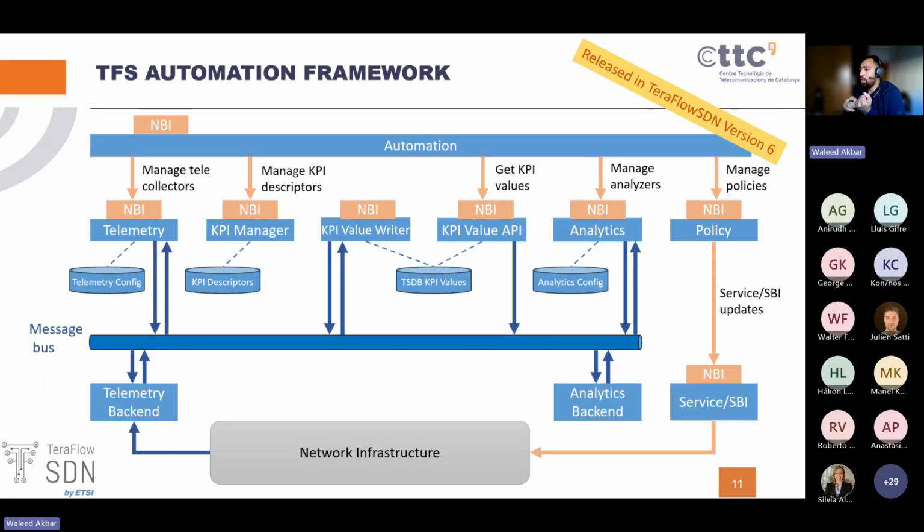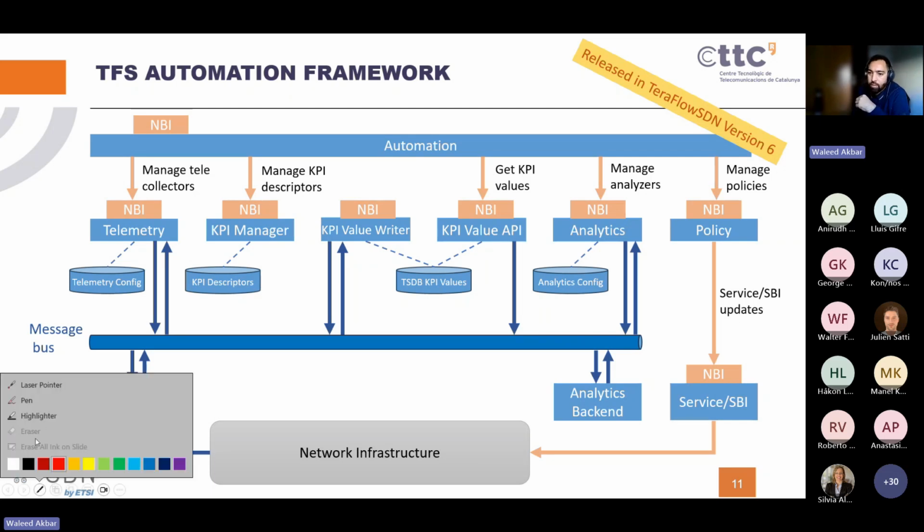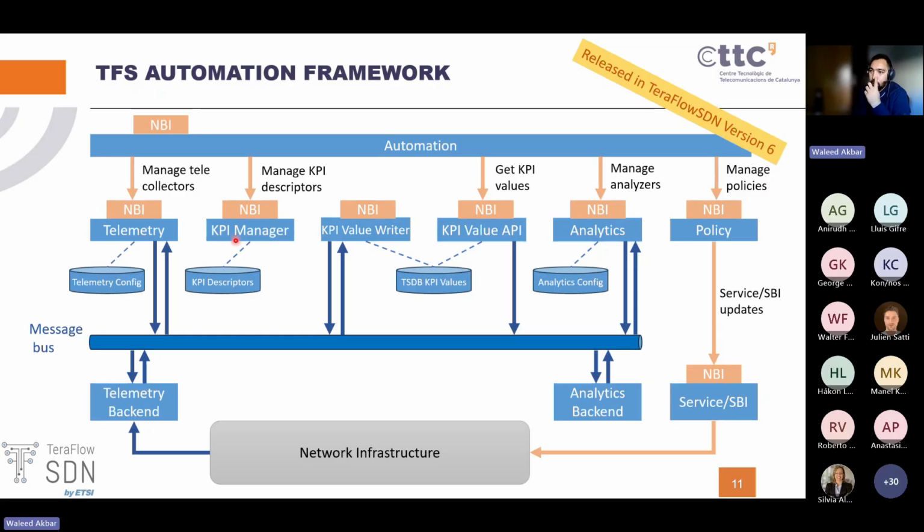Okay, so these are the internal components of our automation framework, and how the different sub-services of this whole closed loop work together. If you see from the left side, we have telemetry, and with the telemetry, we have this KPI manager. In this flow, first of all, the automation component will receive a request from the top to automate some scenario.